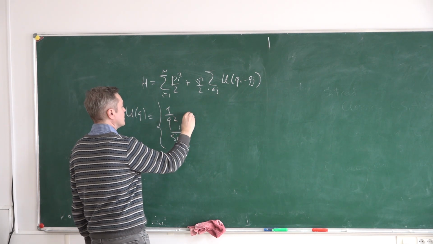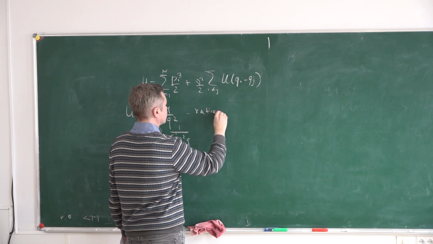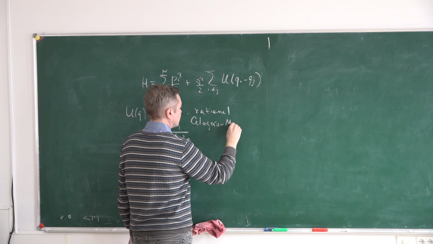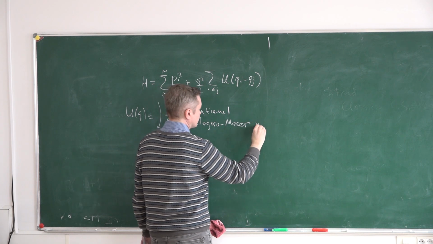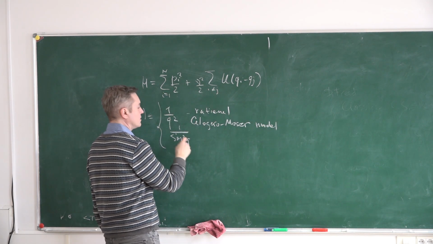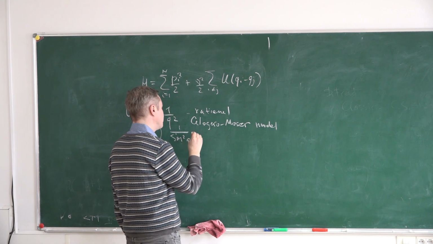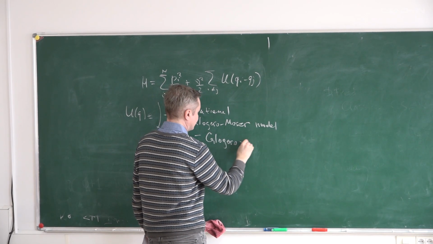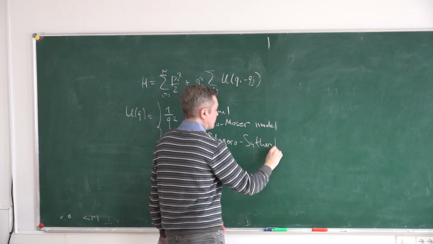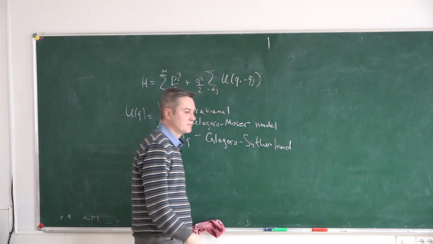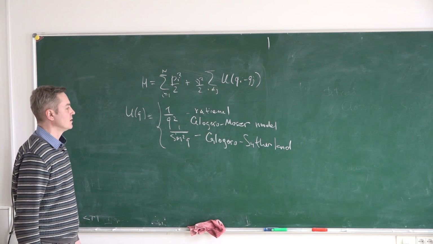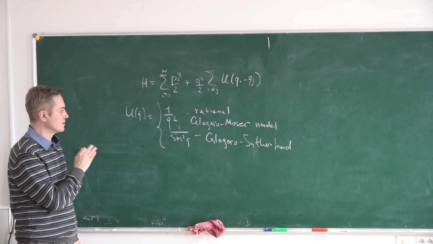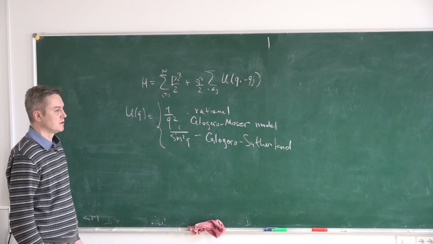This is the so-called rational Calogero Moser model. The trigonometric case is often called Calogero Sutherland, because in the very beginning of the studies of quantum many-body integrable systems, Sutherland studied concretely this potential.